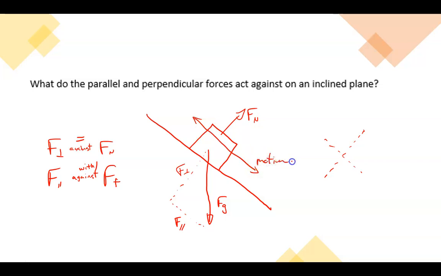And so if we wind up with a situation on an inclined plane, we treat the motion by tilting our axes into a perpendicular and a parallel axis rather than using the traditional X and Y.